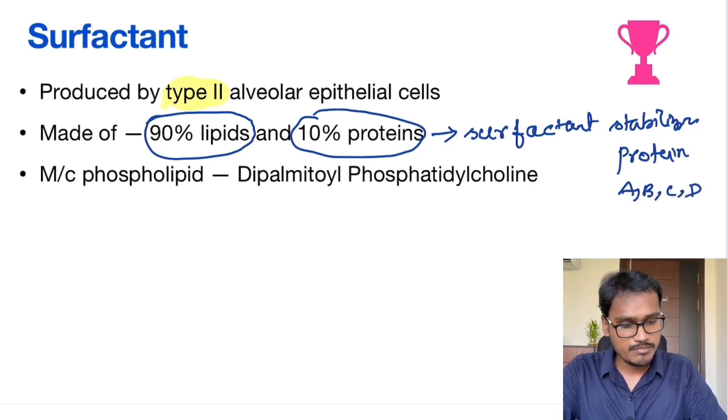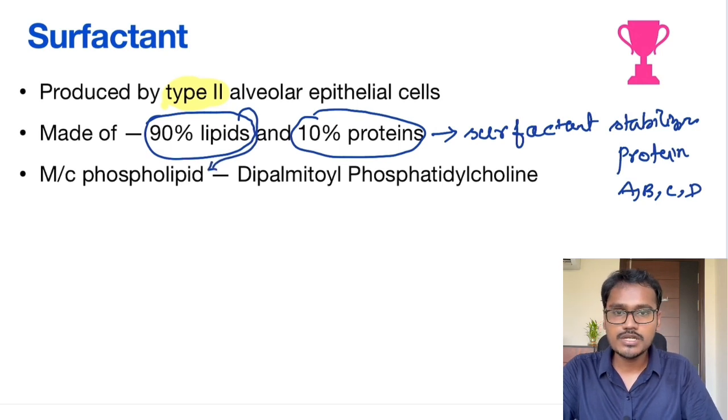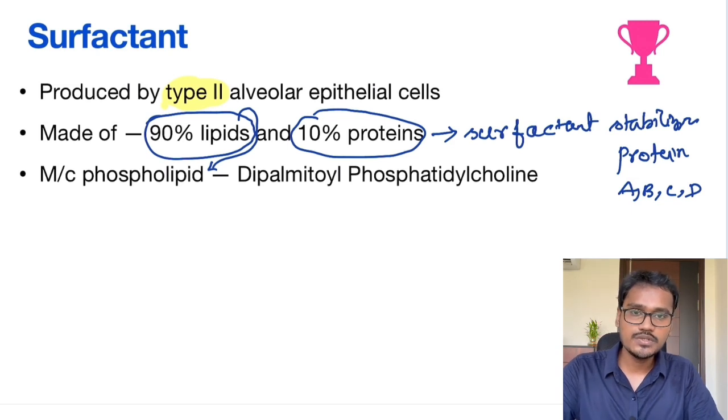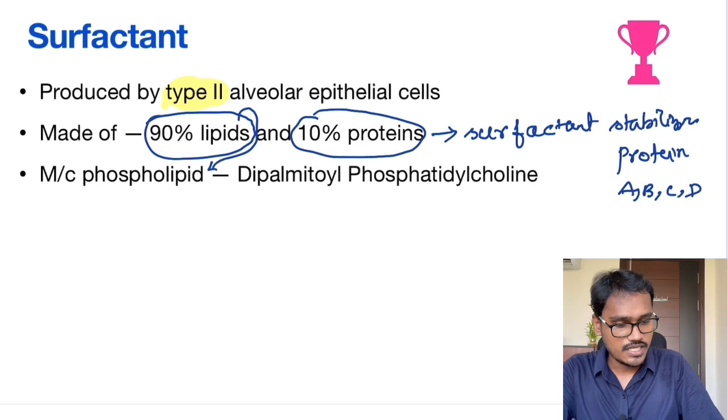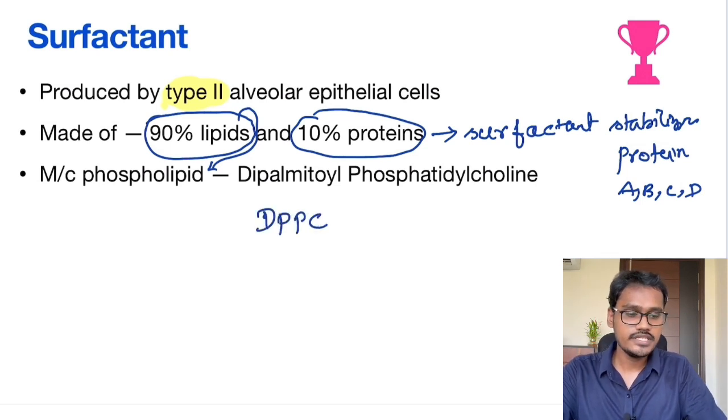Then out of this 90% lipid, the most common lipid is the phospholipid. The most common phospholipid present, which is a classical MCQ asked multiple times in various NEET and FMGE question papers, is DPPC. What is this DPPC? It is nothing but dipalmitoyl phosphatidylcholine. This DPPC is very important.